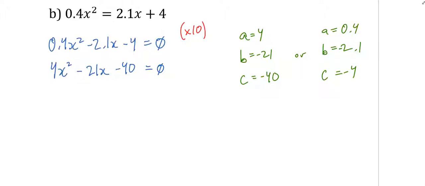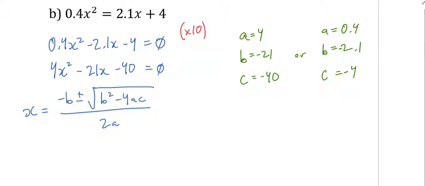So it's up to you which one you like best. Next step, write down the formula, see if you can do it from memory. And then plug in your numbers.